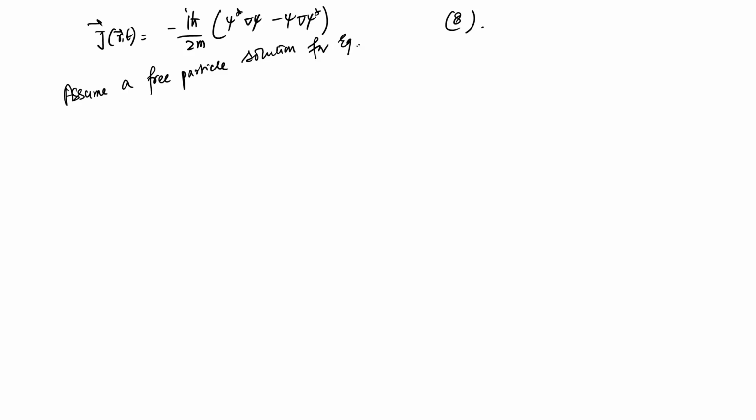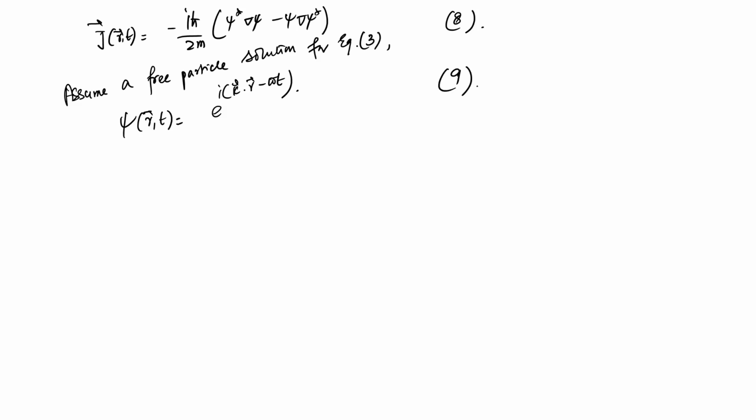If you assume a free particle solution now for equation 3, we can write psi of r, t equal to exponential i (k dot r minus omega t). You may write an amplitude, you may not, it really does not matter.